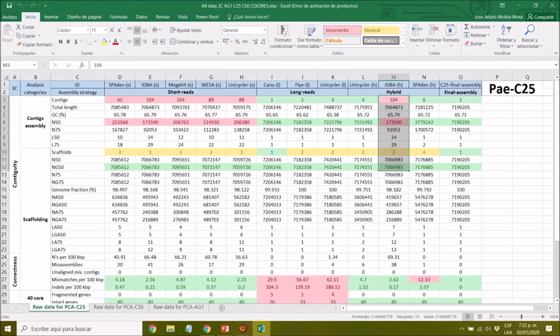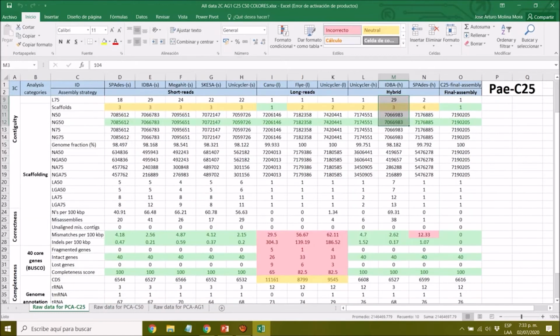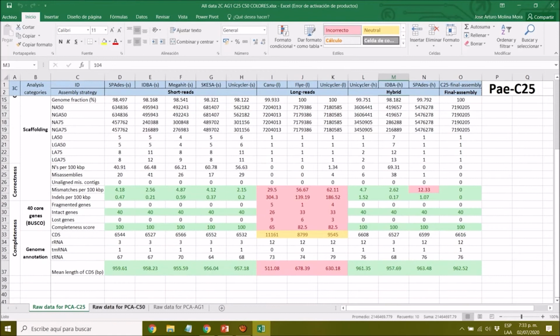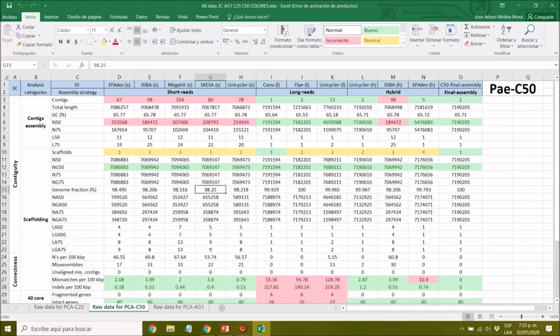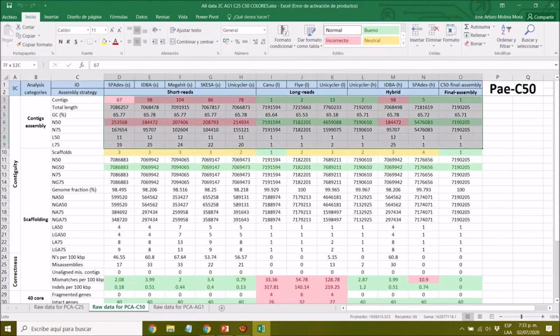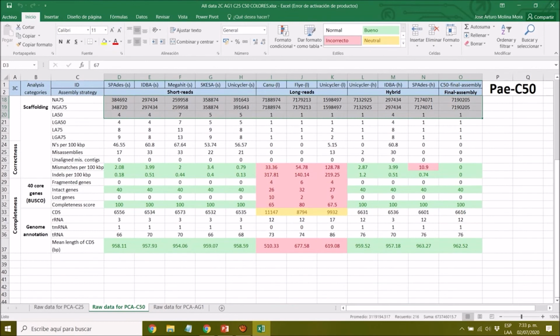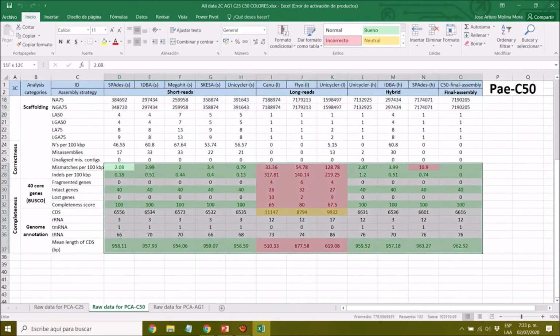A similar pattern regarding the 3C metrics and the behavior of all the assemblers was obtained for the other two strains. As we can see here, a similar pattern was obtained for C50 strain and also for AG1.